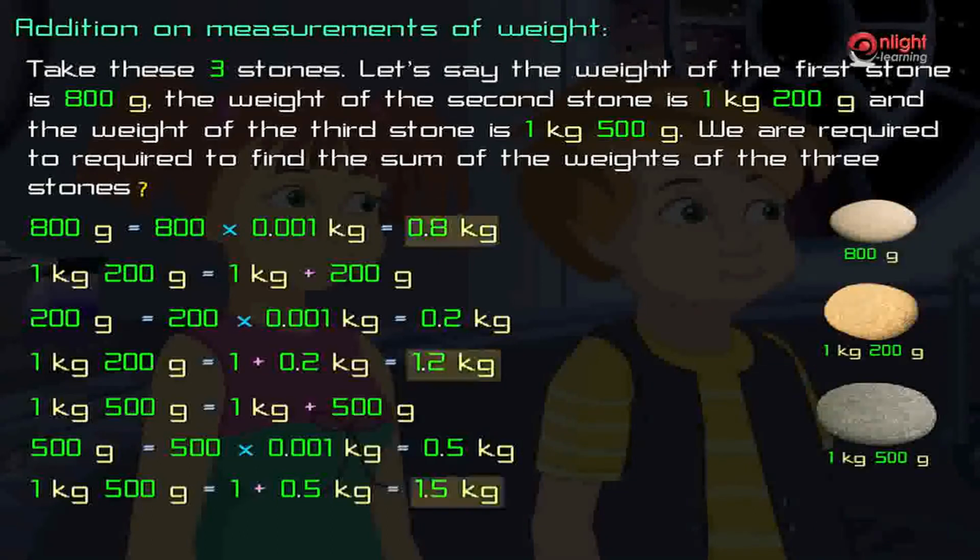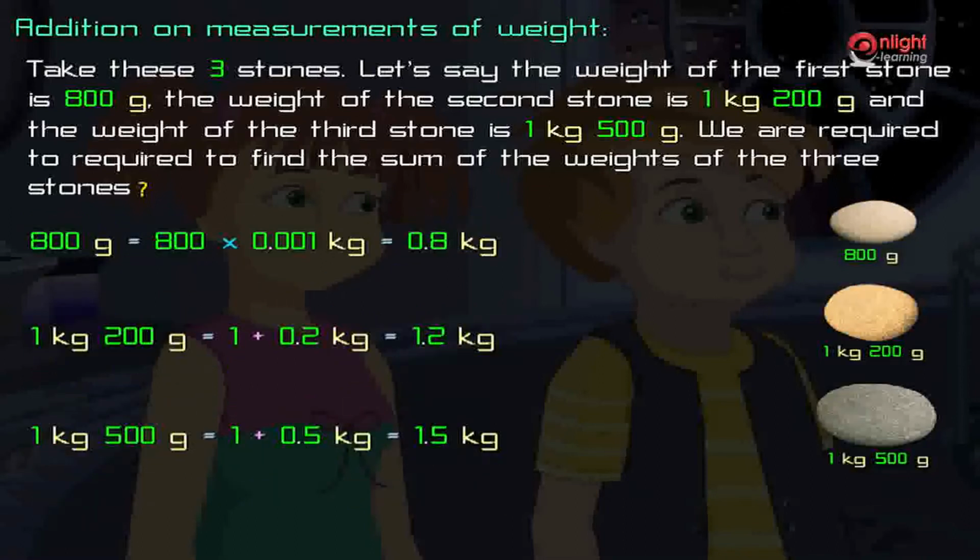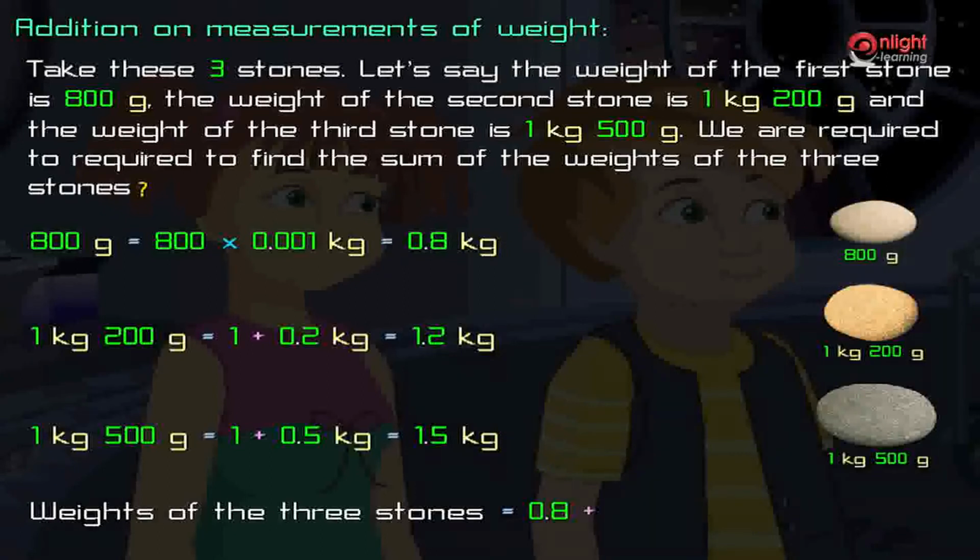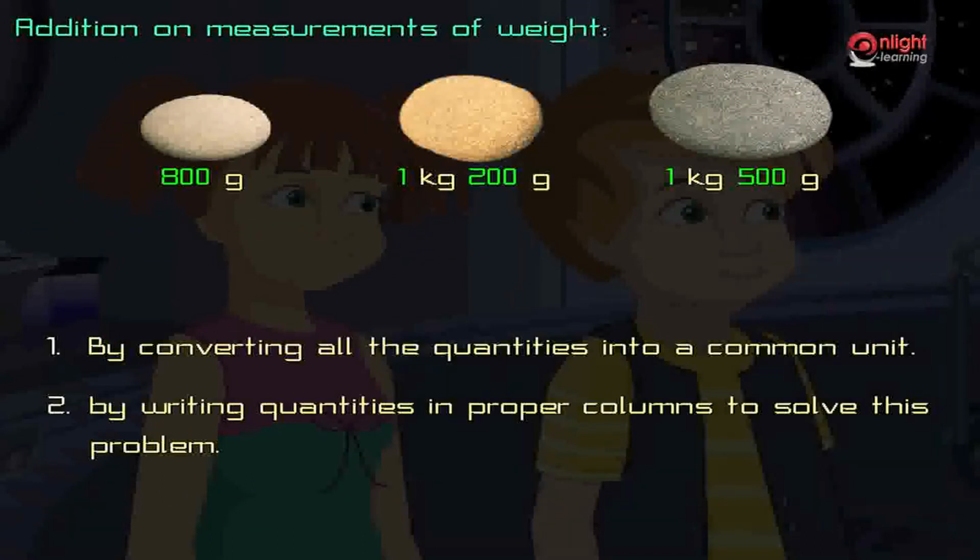Now, as all the quantities are expressed using a common unit, we can add them up. The sum of the weights of the 3 stones is equal to 0.8 plus 1.2 plus 1.5 is equal to 3.5 kilograms.